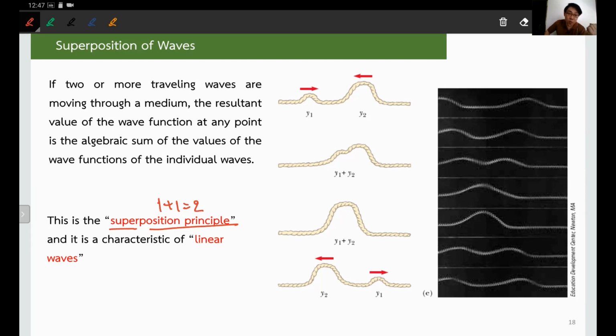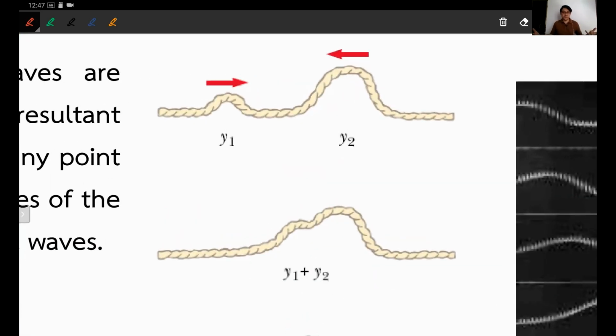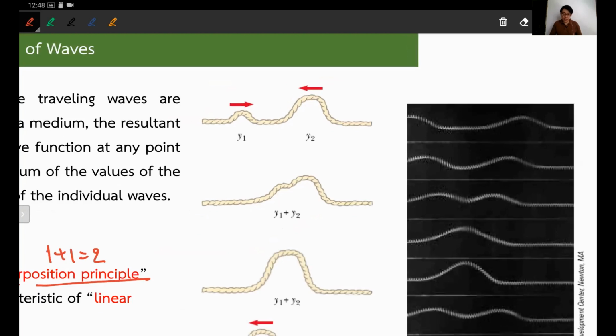Look at this figure right here. If we have two waves approaching each other, one has displacement y1, the other has displacement y2, or you can think of it like the amplitude of that source. If these two waves meet at one point, the net result is simply the addition of the two.